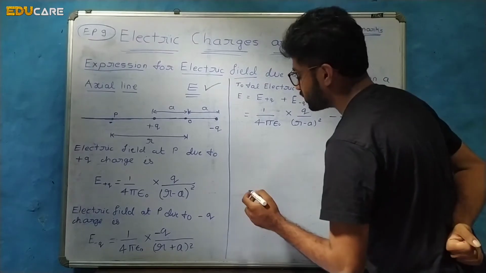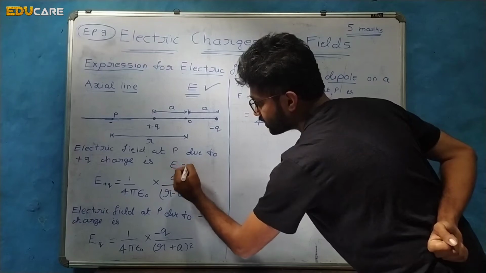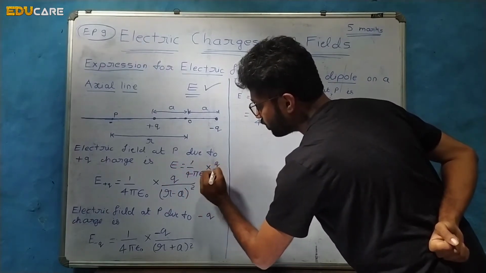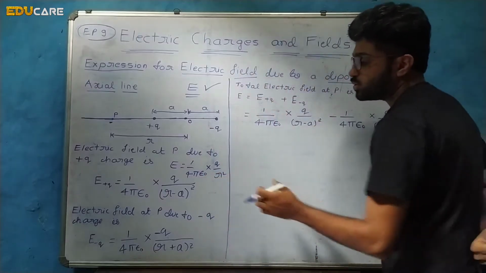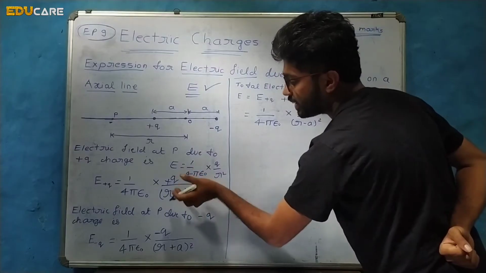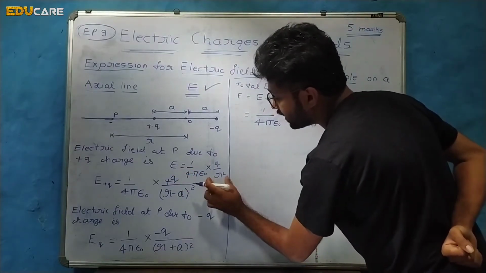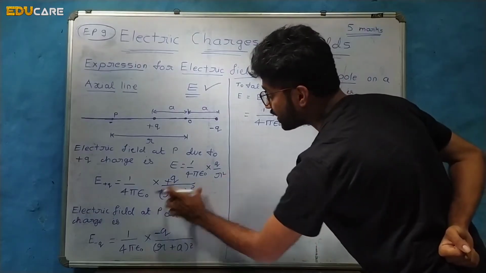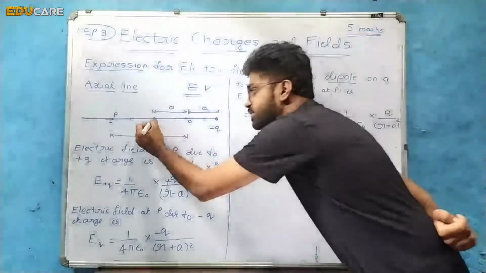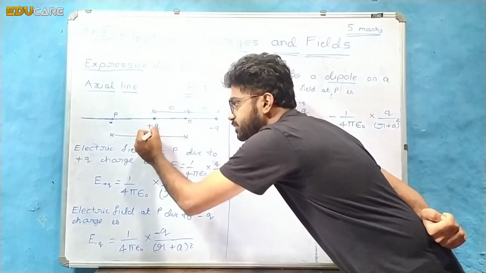We know that the expression for electric field is E is equal to 1/4 pi epsilon naught into Q by R square. So Q is plus Q, and we replace the R by R minus A, because we have to calculate the distance from plus Q to P, this distance.